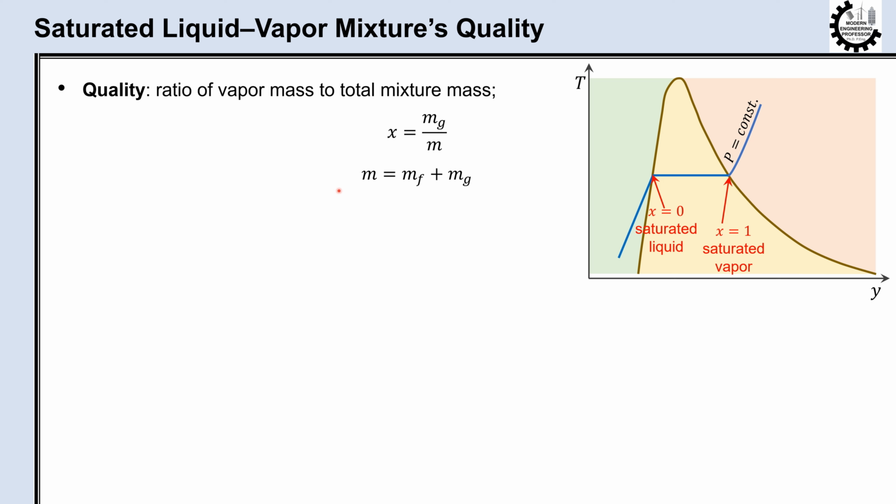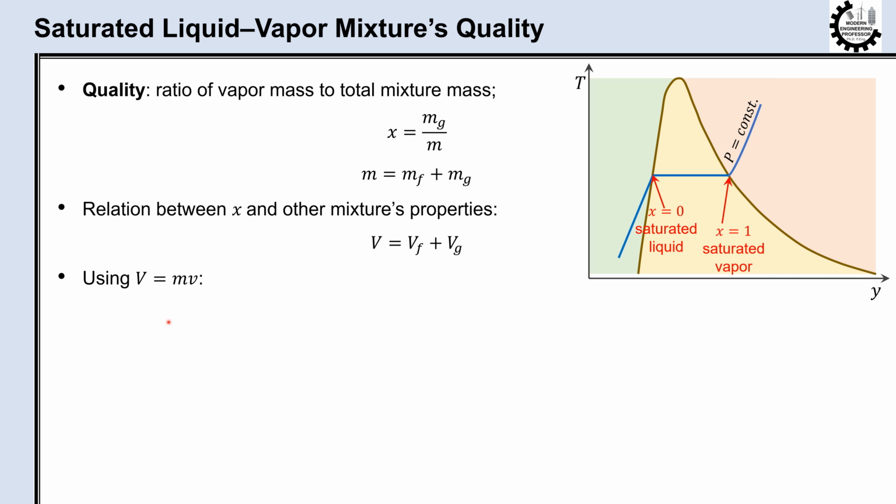In order to relate the quality to other mixture properties, we consider a saturated mixture as a combination of two subsystems, the saturated liquid and the saturated vapor. So the properties of this mixture will simply be the average properties of its components. For example, the total volume of the mixture, V, is the sum of the volume of saturated liquid and the volume of saturated vapor.